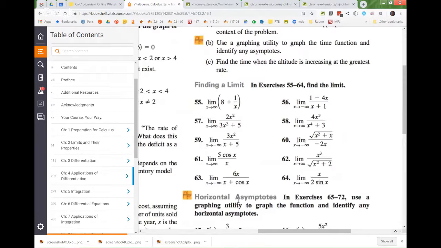So this thing is hovering between 5 and negative 5. The bottom is going to totally dominate, isn't it? It's going to go to 0 because the denominator is so huge compared to the top. That's going to be a 0.